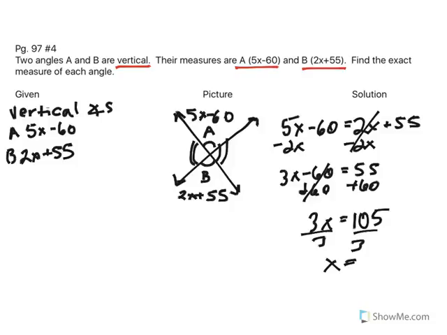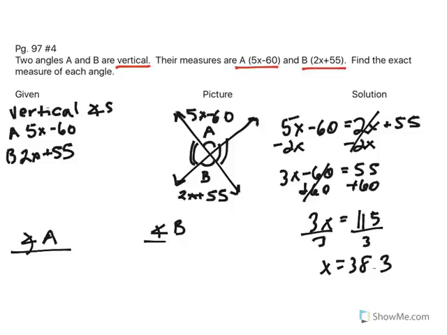Oh, I'm sorry, this was an accident. This should be 115. We get x equals 38.3.